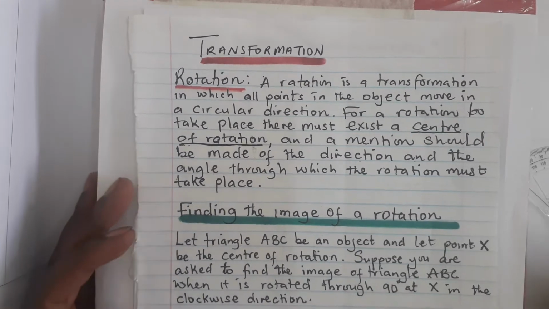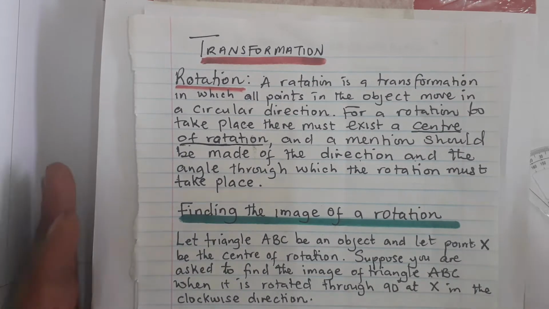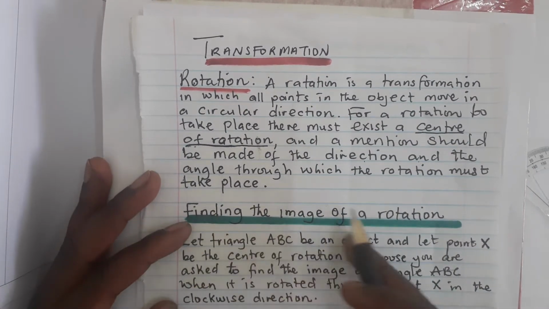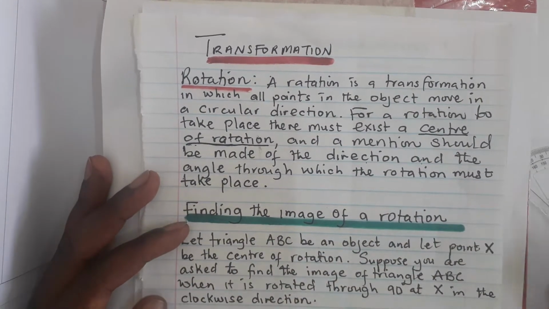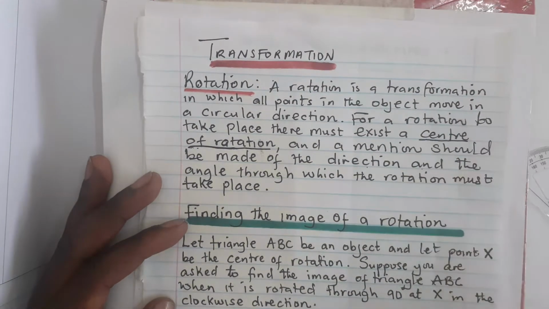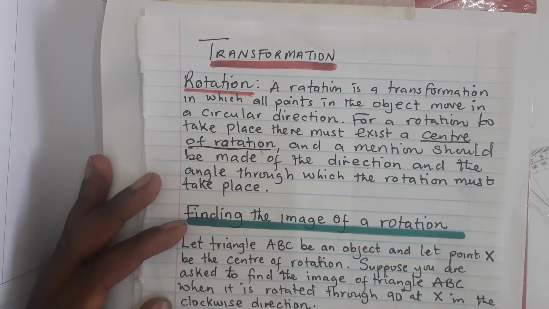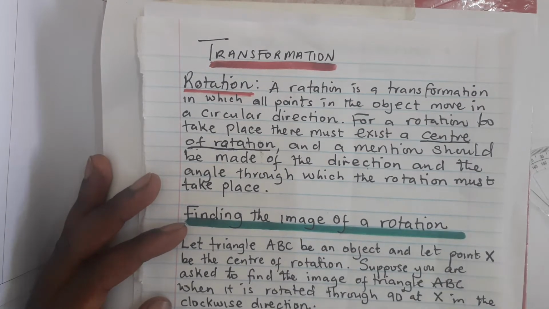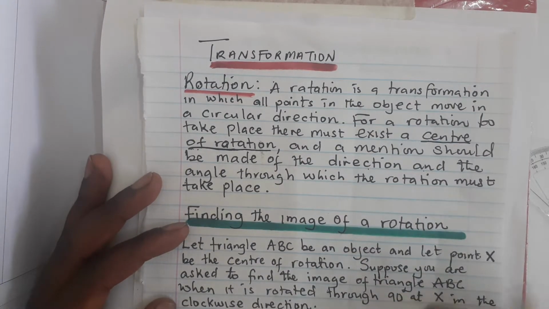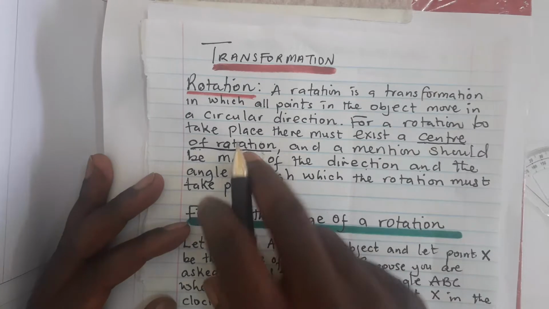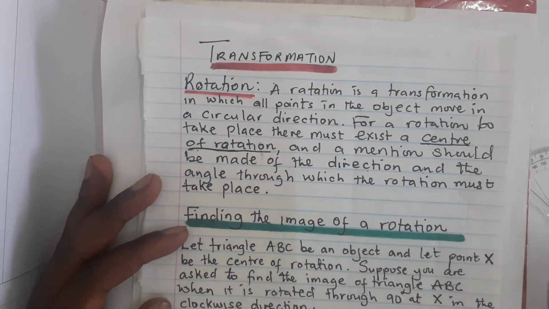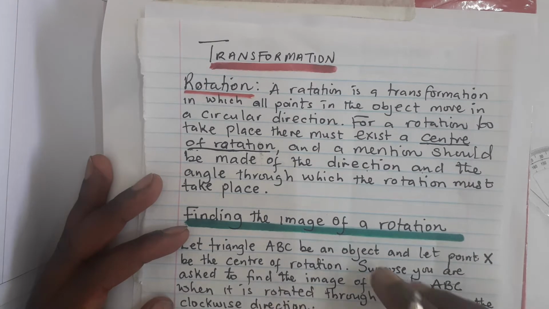In this first lesson, I'm going to take you through how you can find the image of the object under rotation. When you have been given the object, the center of rotation, as well as the angle, but then you want to find the image from the object.